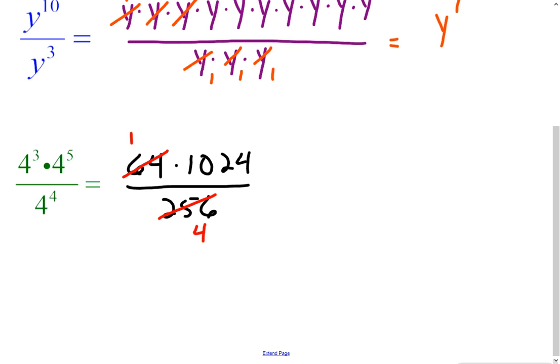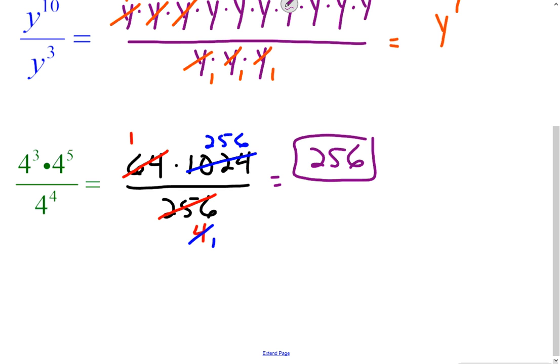But then I would look at it and go, well, 4 goes into 1,024. So the 4 divided by 4 is 1. 1,024 divided by 4 is 256. And then that would leave us with a final answer of, well, 1 times 256 in the numerator is 256. There's just a 1 in the denominator. So right there's our answer.